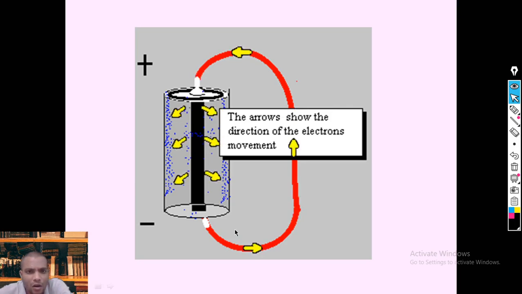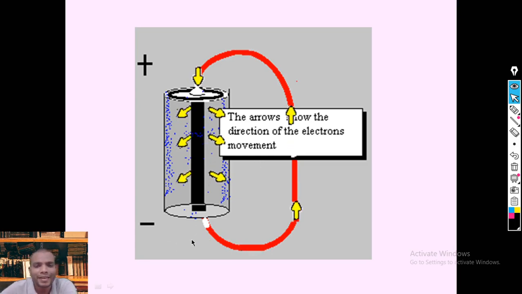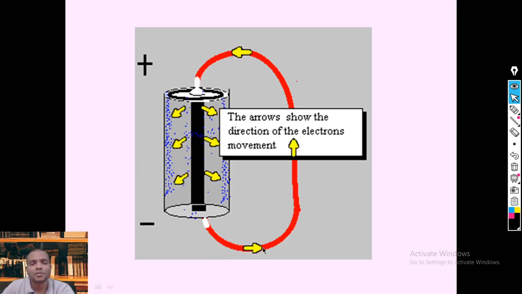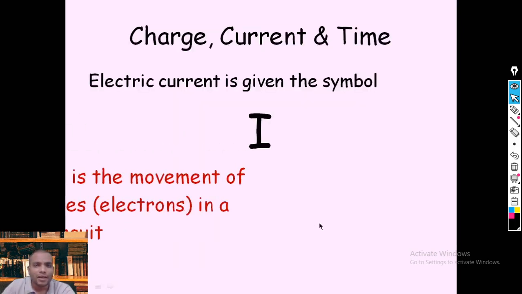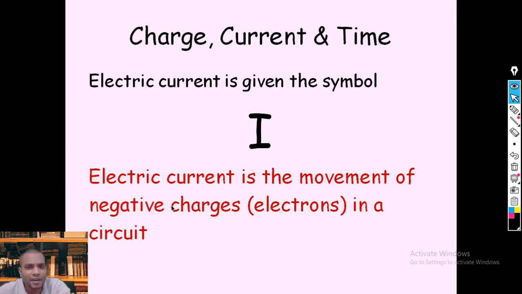So here is how electrons move through a wire in a closed circuit. The arrow shows the direction in which the electrons are moving. Electrons always move from the negative to the positive terminal of the cell. That is the direction of the electrons. And we define current with the symbol I. The movement of negative charge in a circuit, or the flow of electrons in a circuit, is defined as electric current.